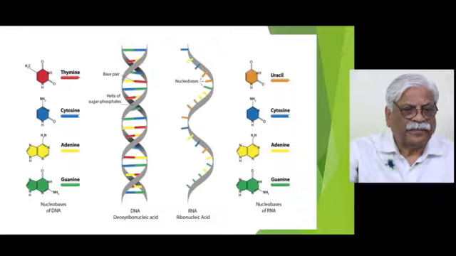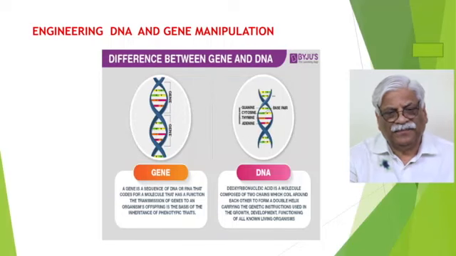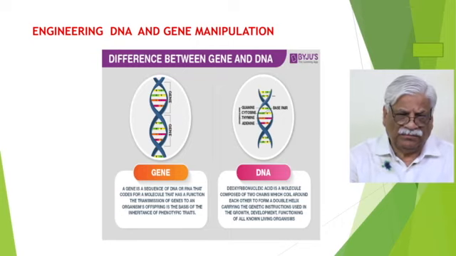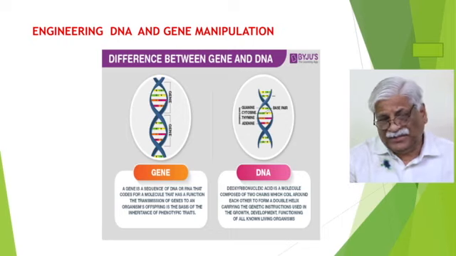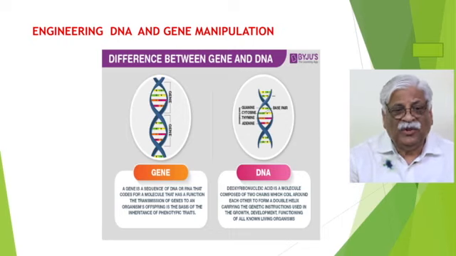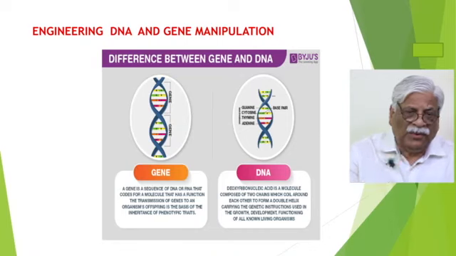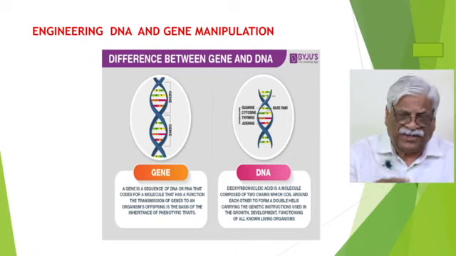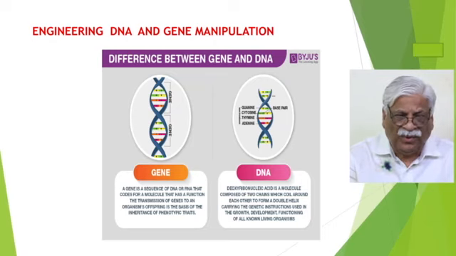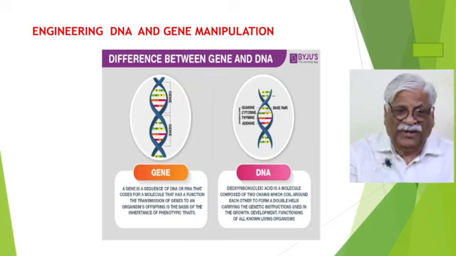Okay. Now, what is a gene? And what is the difference between a gene and a DNA? DNA is a long structure. If you spread a coiled DNA, it is said by scientists that you can wind it around the sun or around the moon, I think about 10 to 50 turns.